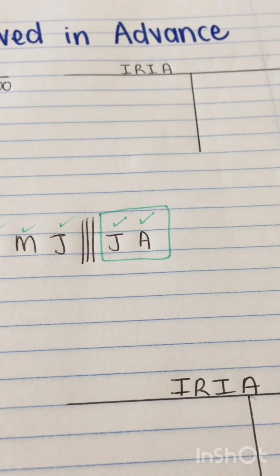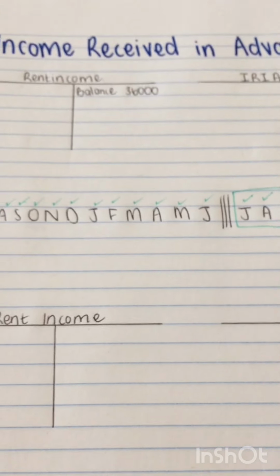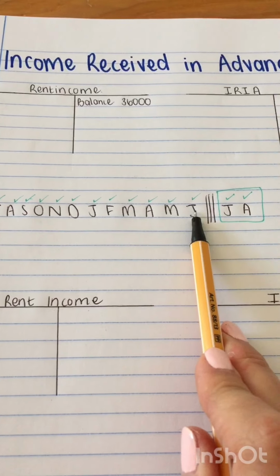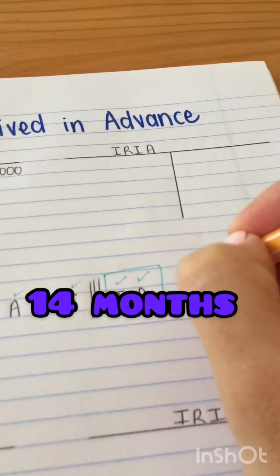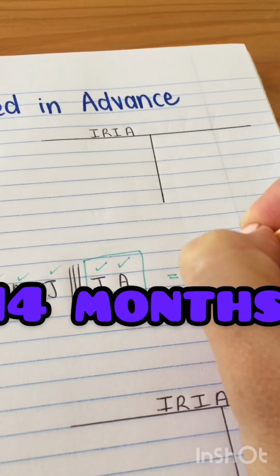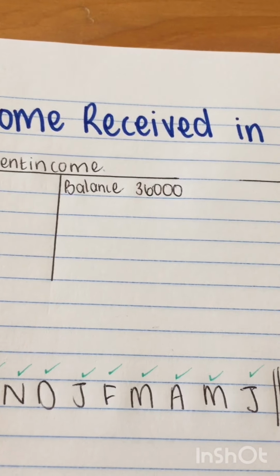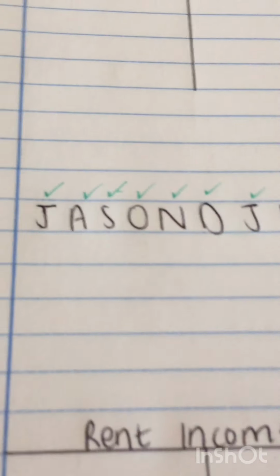What do I do? Firstly, I need to count how many months rent did I receive in total? 12 months plus 2. So I have received 14 months rent. Okay, 36,000 equals 14 months.